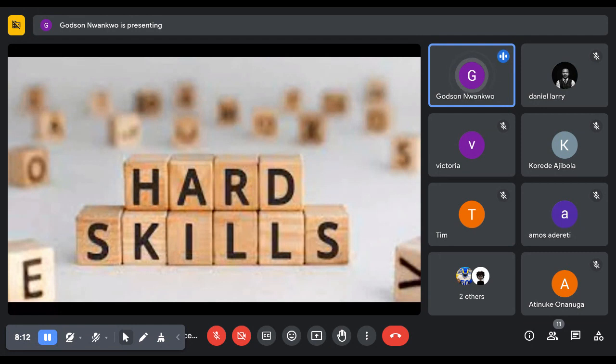So that is when we are talking about the hard skills. A QA engineer, at least, has to have a good knowledge of how to make use of these tools so as to do the job well and perfectly.